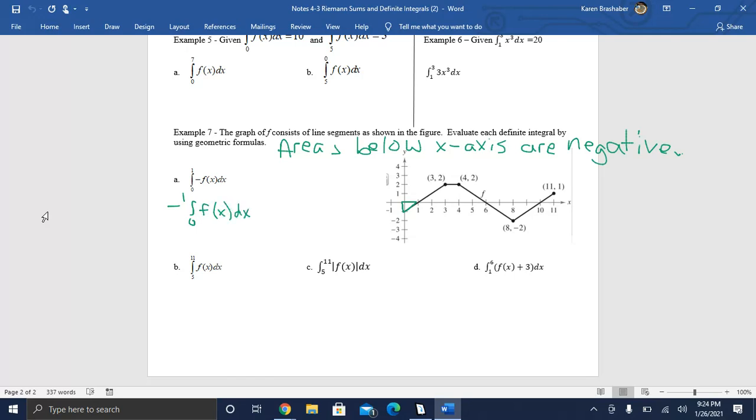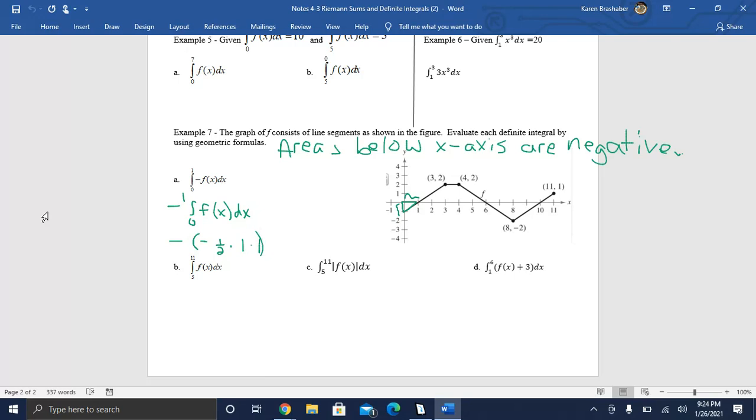And then, because this triangle is below the x-axis, I'll actually be doing the negative of the negative area. And the area in this triangle is 1/2 times the base. Well, our base has a length of 1 times our height, which has a length of 1.